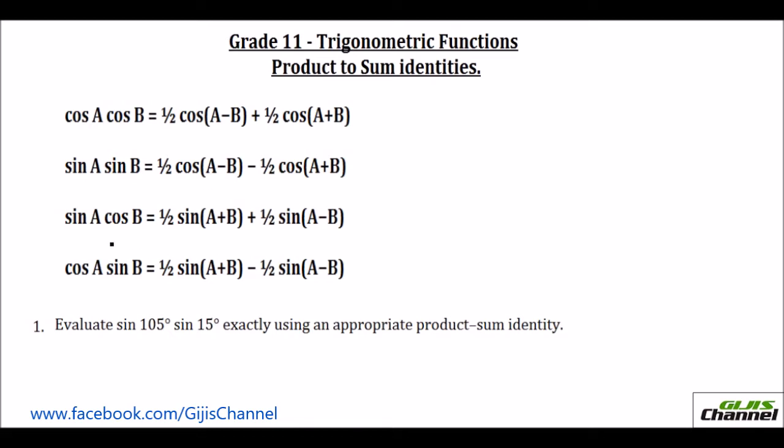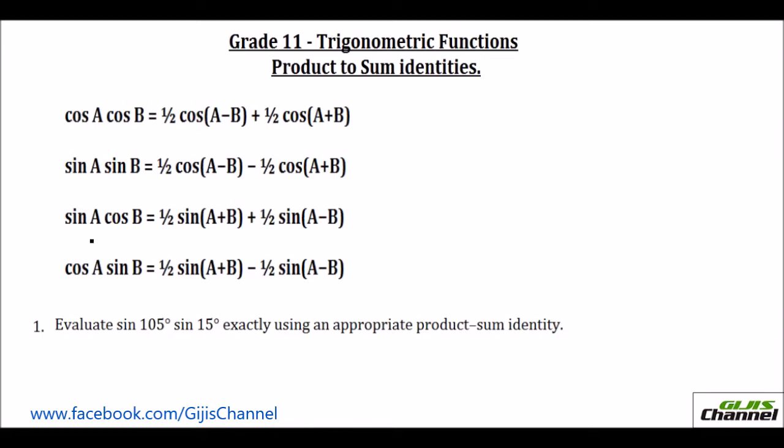Now when you have sine and cos mixed, like in these two, sin A cos B and cos A sin B, you would have everything in sine on your right side. The sum of the angles comes first and then the difference. When sine comes first it is positive and when cos comes first it becomes negative.